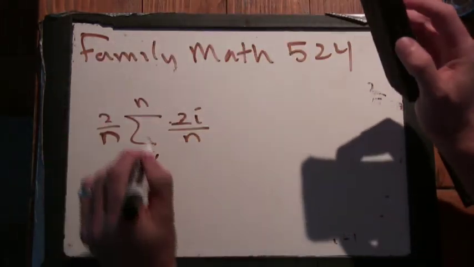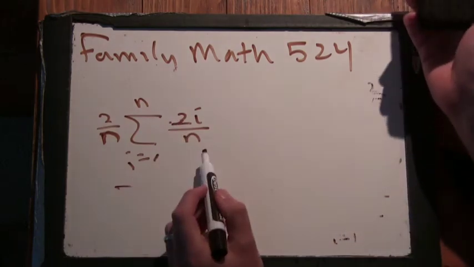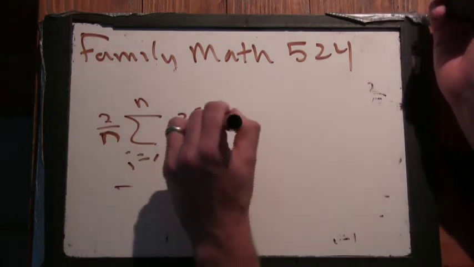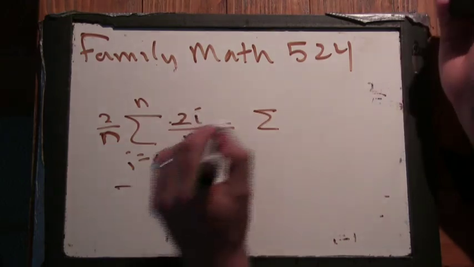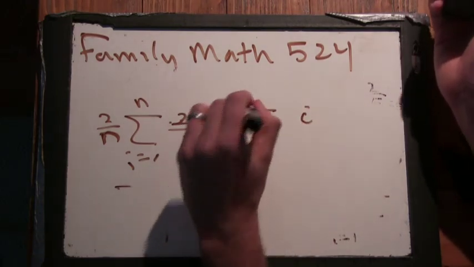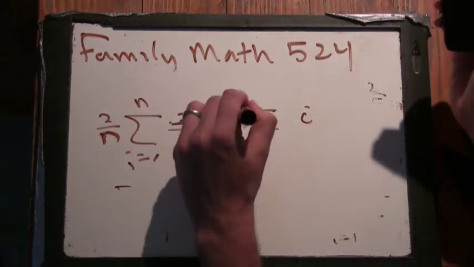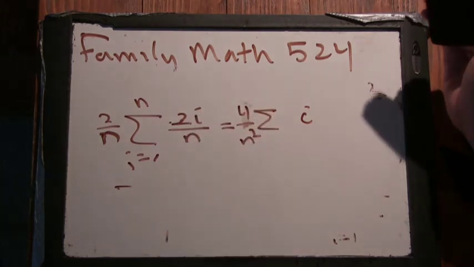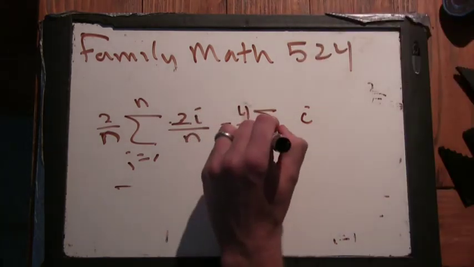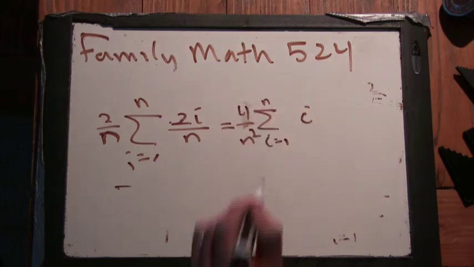2 over n times 2i over n, which I can simplify to be the sum of just i on the inside, and I get 4 over n squared. And what's the sum of i from i equals 1 to n?